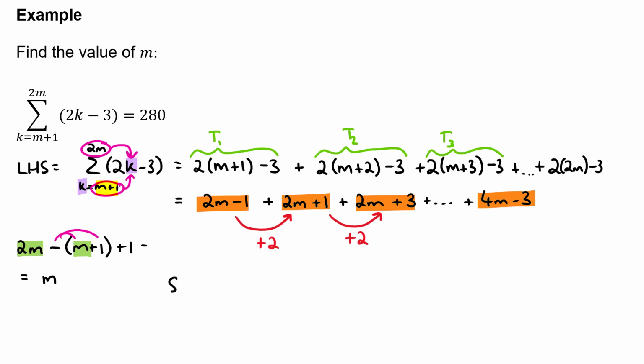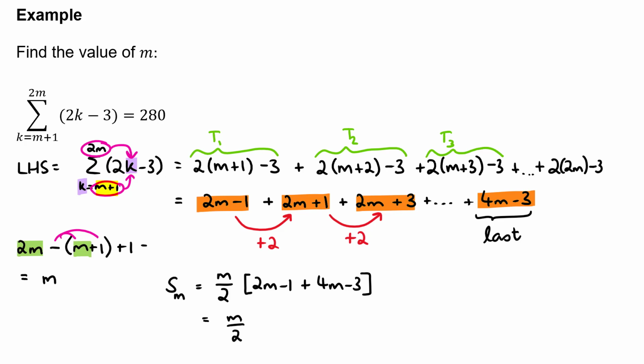So that means that the sum of m terms is going to be m over 2. We can use our last term because it's given to us there. We can use our first term then as 2m minus 1 plus the last term as 4m minus 3. And that's going to be m over 2.